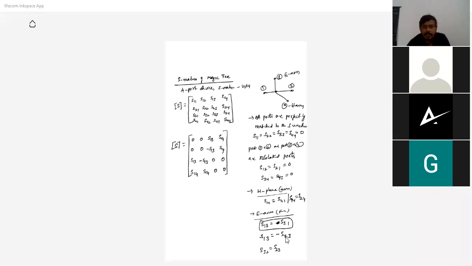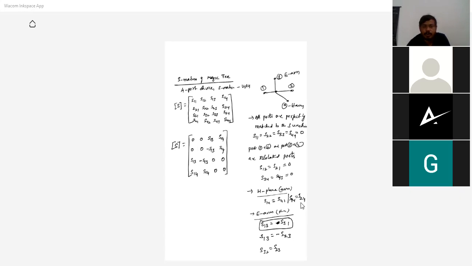S23 is minus S13, and S14. Then S24 is S14 based on the symmetry property. Then S31 is S13, S32 is minus S13. Now these are zeros. Then S41 is S14, symmetry.